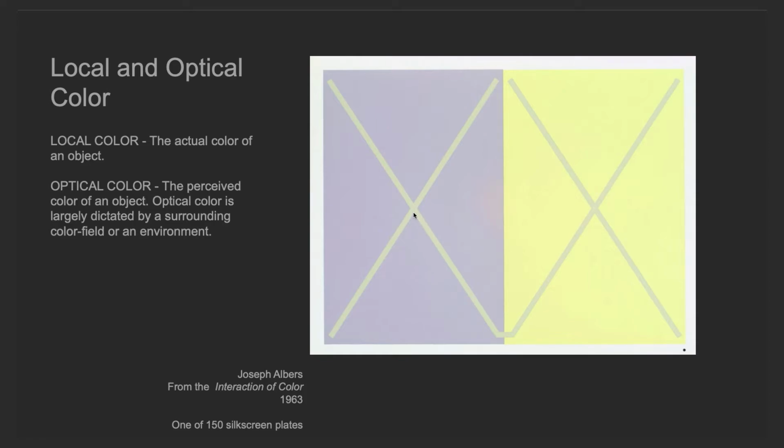So what we have here is optical color, where this local color, which is gray, actually looks like yellow. And over here, the same color, the optical color, is actually more like the violet. So that's the difference between local and optical color. Local is what the color actually is, and optical color is how we perceive the color in relationship to other colors.